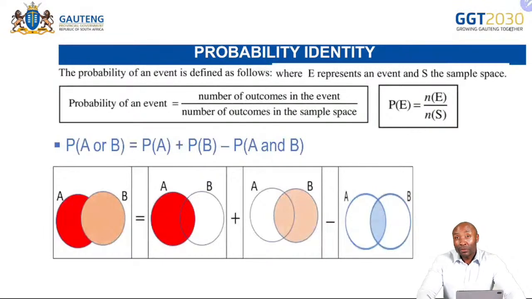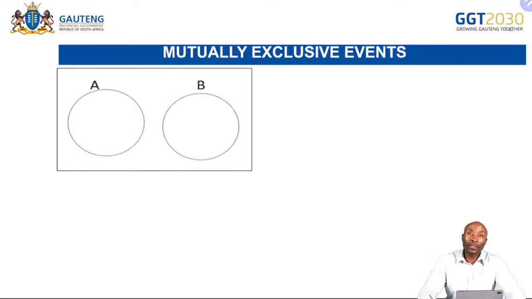But where the two have a common area, we call it an intersection because there's a possibility of the events overlapping there. We'll move on now to another concept, which is mutually exclusive events.